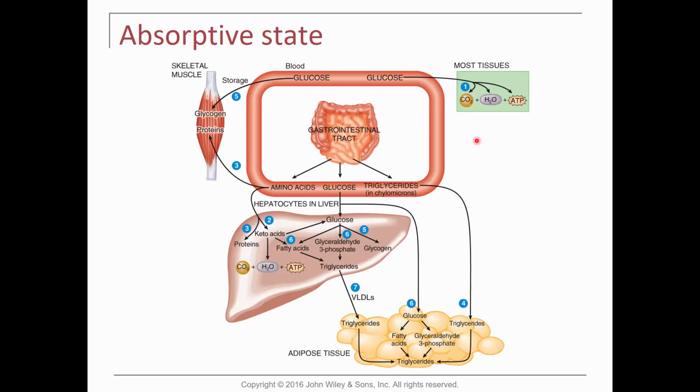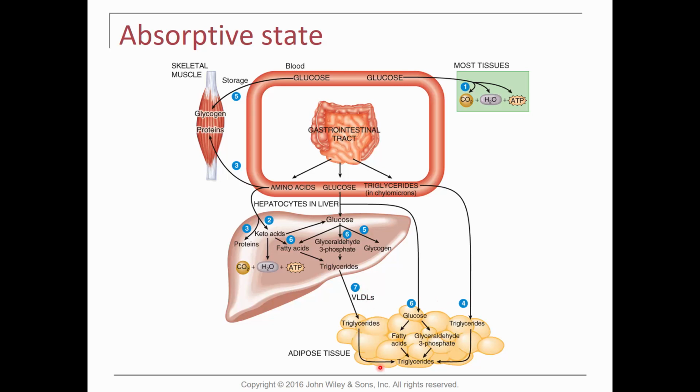Okay, let's look back at this diagram and see if it's making sense. Remember what most tissues are doing? Most tissues are using glucose for energy. What's the liver doing? It is using keto acids for energy, making proteins, making glycogen, and excess packaged as fat and sent to the adipose tissue as a VLDL.